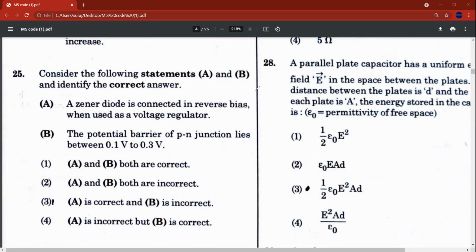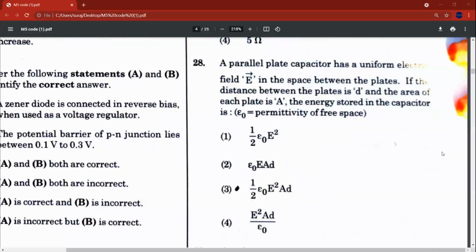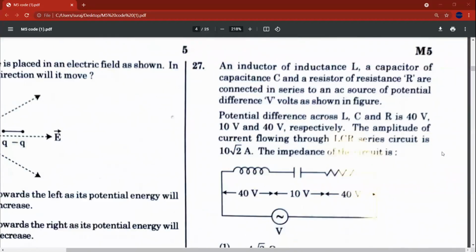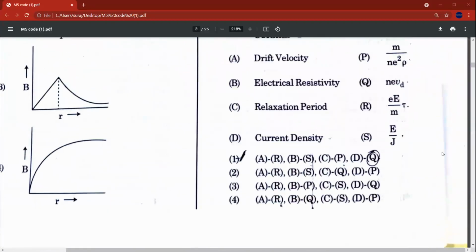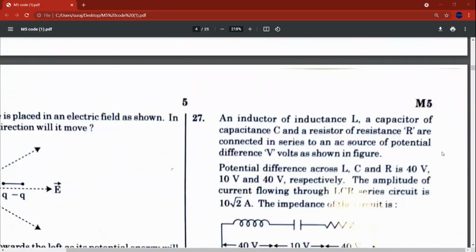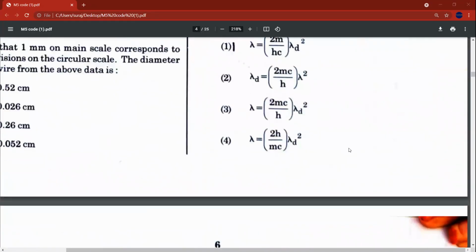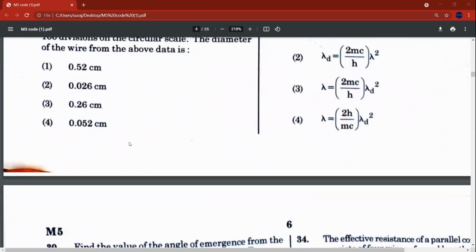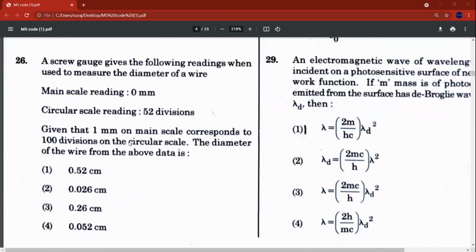Question number 26. Screw gauge is given. Screw gauge questions. So circular scale reading is 52 divisions. Pitch is how much? 1 millimeter, no?